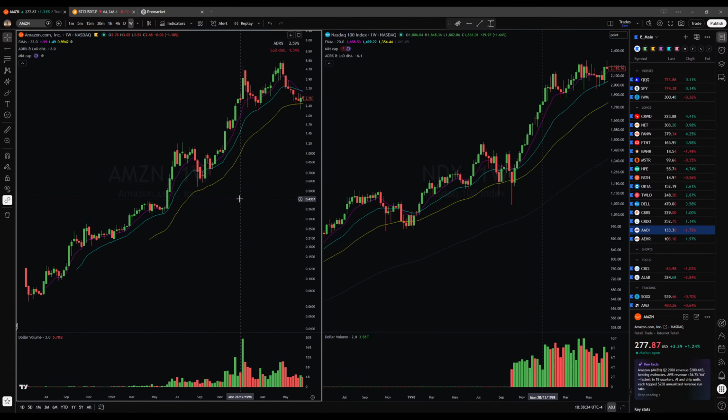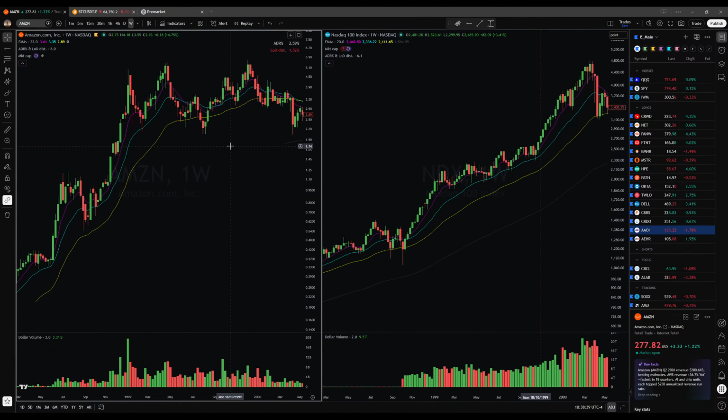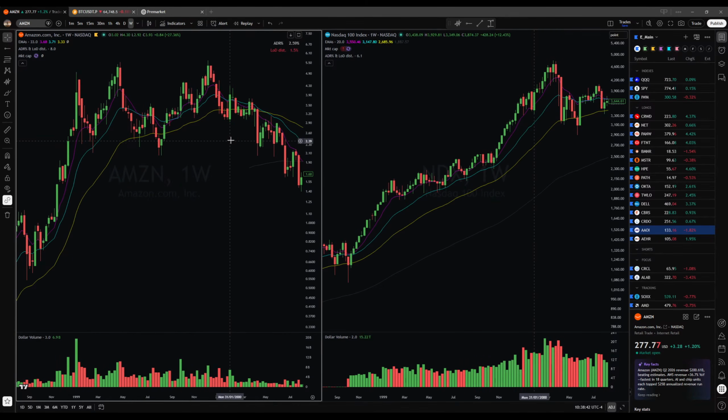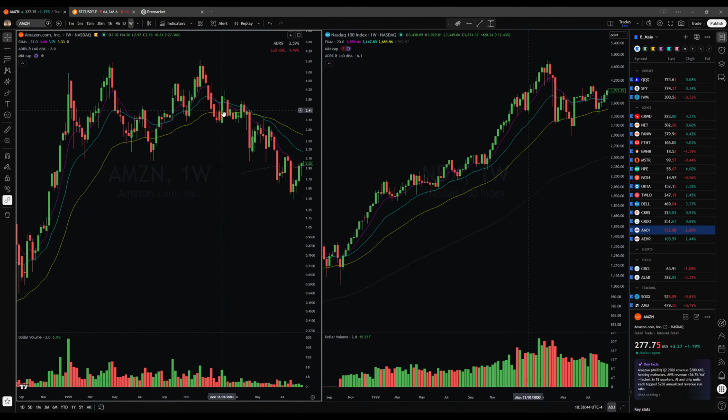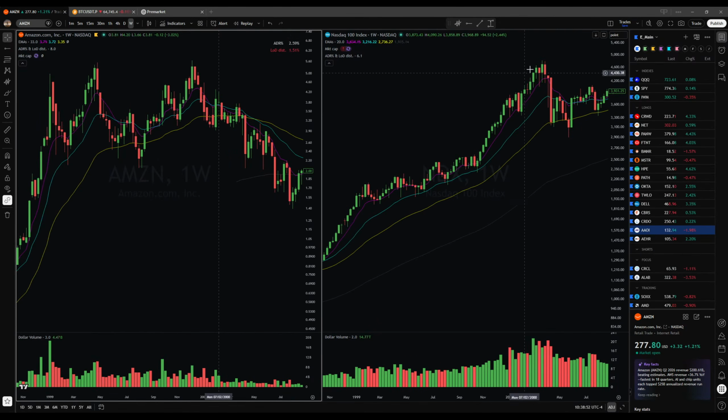So if Amazon is, you can say, one of the earlier leaders of the dot-com bubble run, then probably we need to pay attention when it starts breaking down in the weekly time frame and starts making lower highs before they're getting weak, before the index or the general market shows weakness.